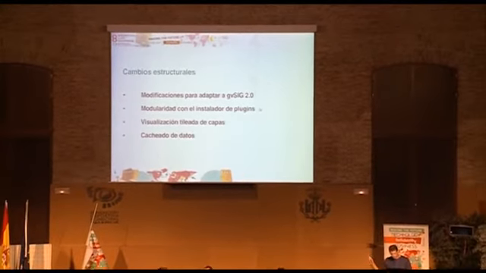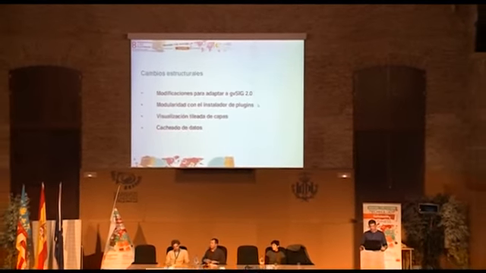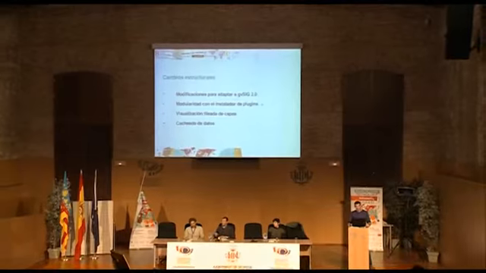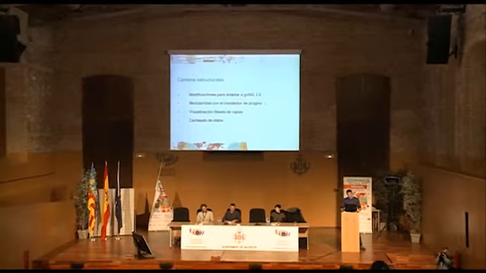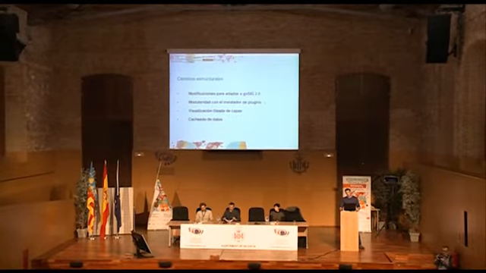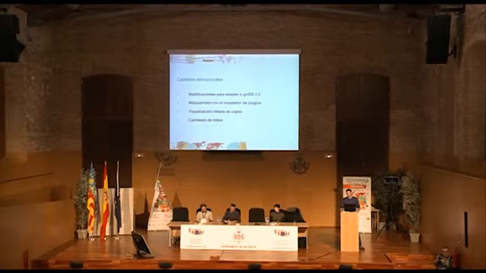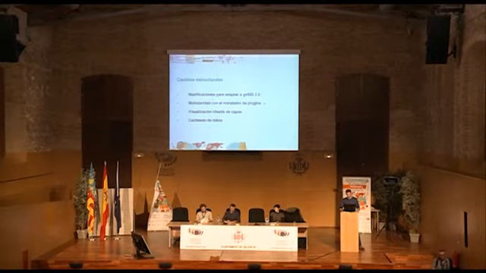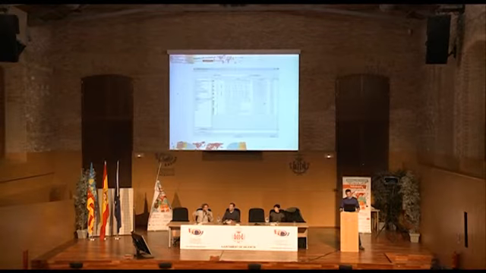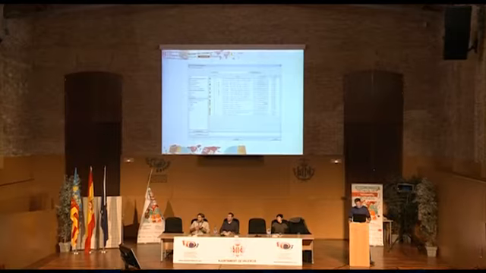Modularity has been attained thanks to the plugin installer. I'll mention a little bit more about this in a little while. There's been a layer tiling, and this is quite interesting.